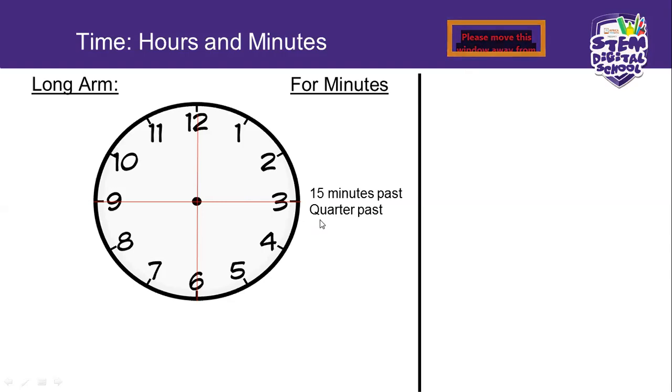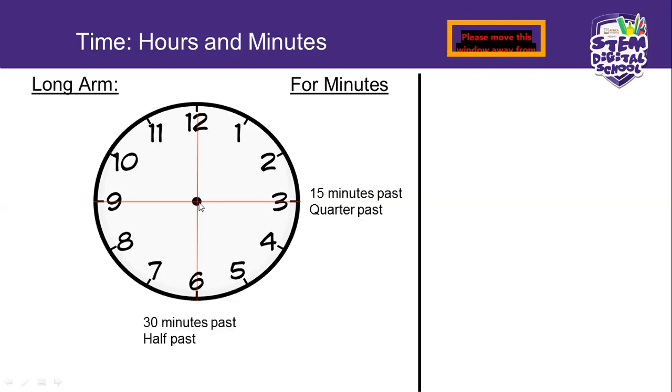So you just write 1 and then you draw a line underneath and then you put 4. It means it's 1 part out of 4 parts, or you can say it is a quarter. That is why here at 3, when the long arm is here, we say it is quarter past.